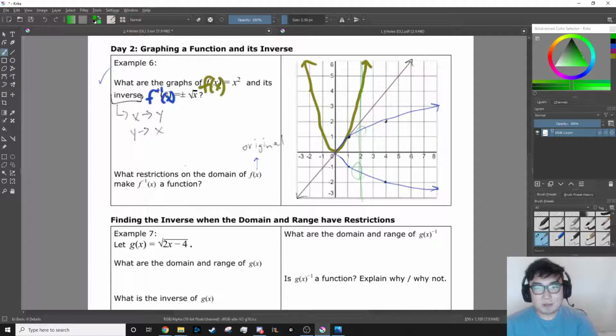But I'm talking about my after. Didn't they ask what kind of domain restriction I can have on the original? So on the original, shouldn't I just be able to cut along my y-axis, or my axis of symmetry, x equals 0? So I can just say that my domain can be starting at 0 and including it, because I can still have this point in my graph.